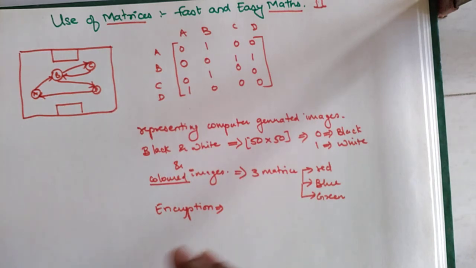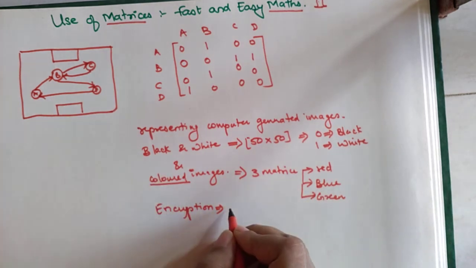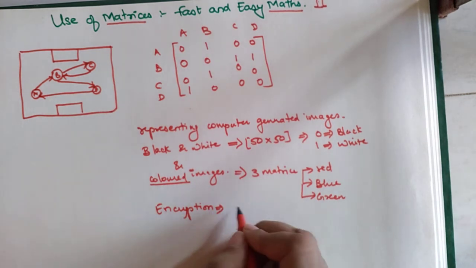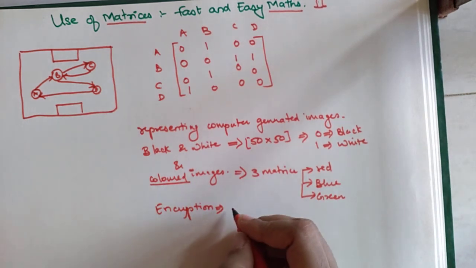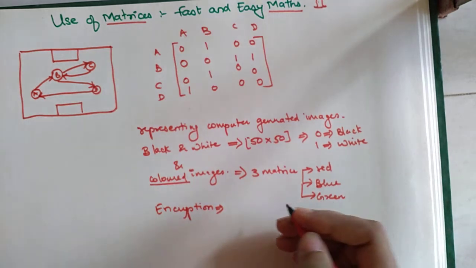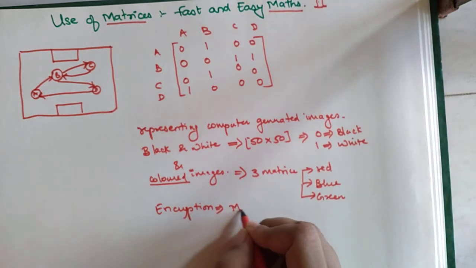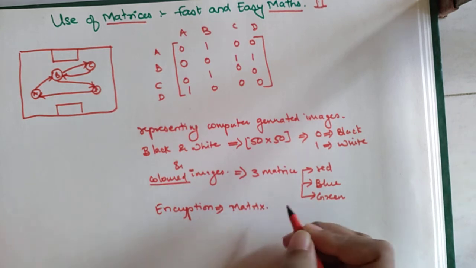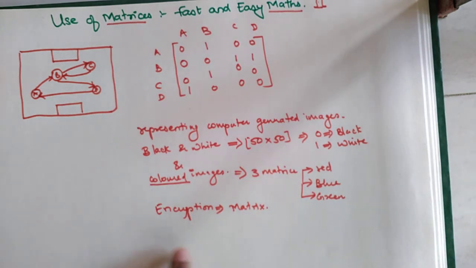Also if you want to transfer some very important data to some other person, then encryption is very helpful. One of the oldest methods of encryption is nothing but a matrix. So when you use encryption you might be using matrices very often.